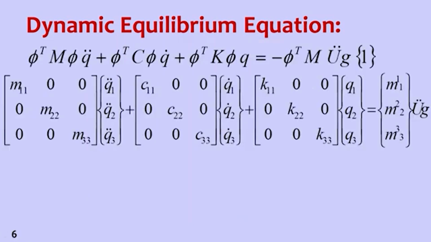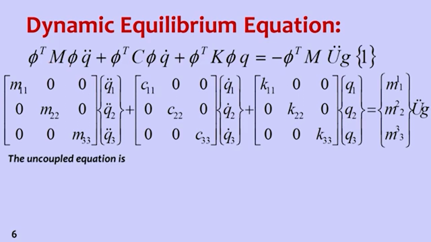If you look at this, we have the mass matrix, damping matrix and stiffness matrix. This is the general equation of motion for a multi-degree of freedom system. We are pre-multiplying and post-multiplying with the mode shape or modal matrix.